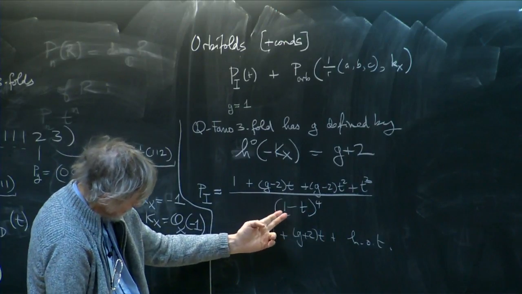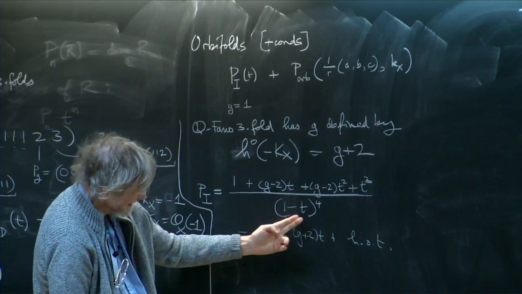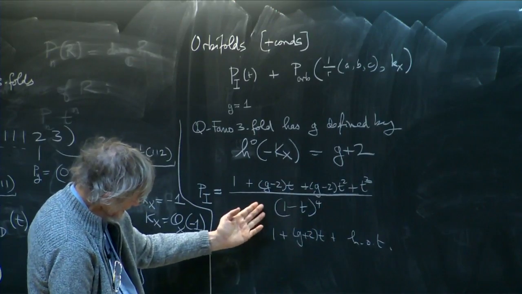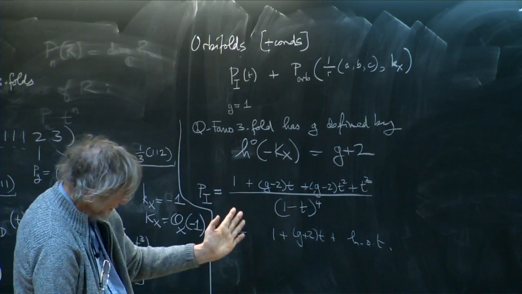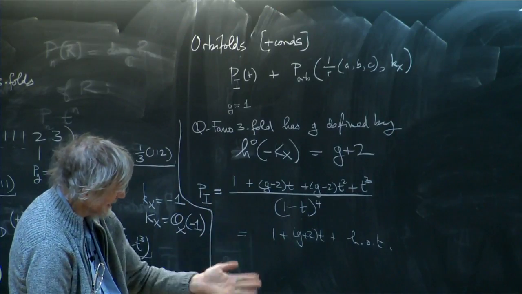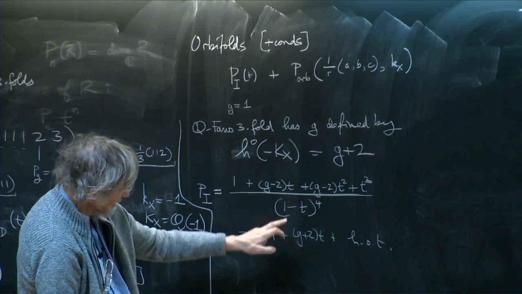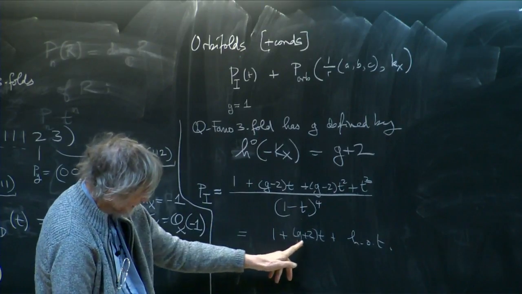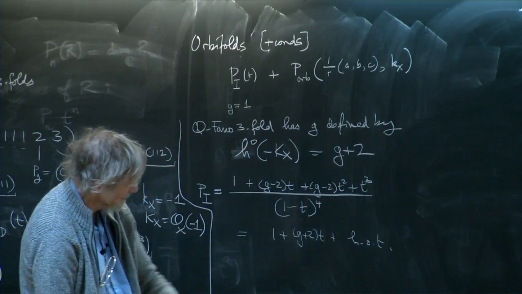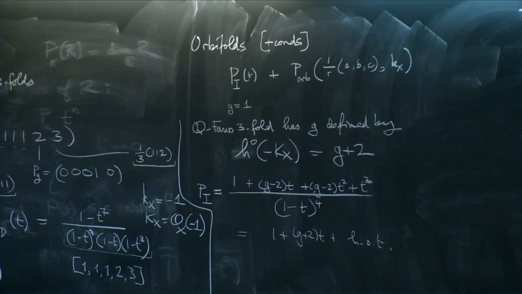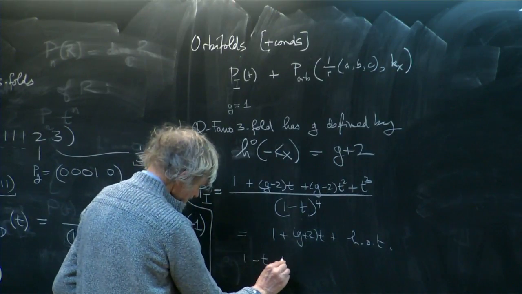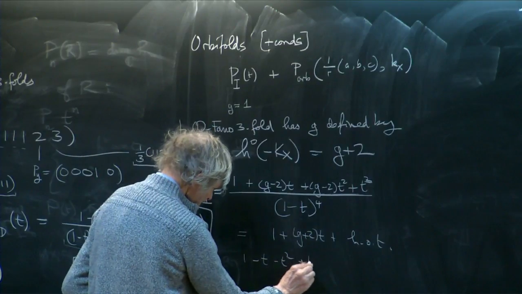You all know that 1 over 1 minus t to the 4th is a power series that starts 1 plus 4t. When I multiply that inverse with this, I get 1 plus (g plus 2)t plus some higher order terms. So in our case, this is 1 minus t squared plus t cubed.